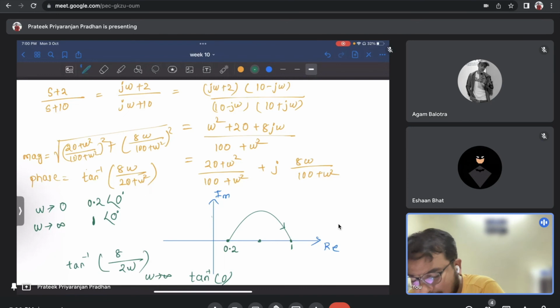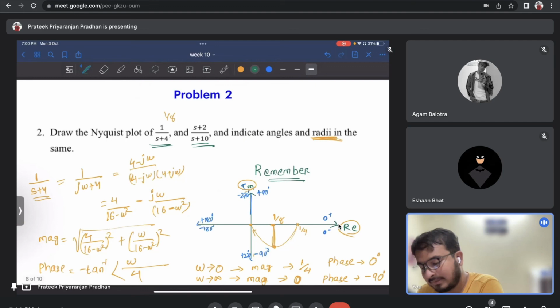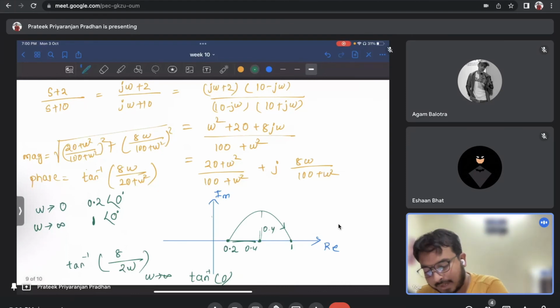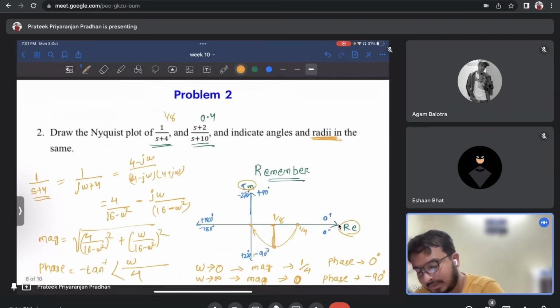So in the center, you can verify this radius is also 0.4 because this is also 0.4. Okay, and the actual full diagram will be like this, and for this it will be again.